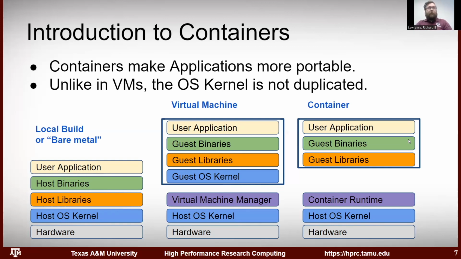A container is the minimum bundle of files that is needed to run that application, which excludes the operating system and excludes as many of the libraries that you believe will reasonably be present on the target machine to be running the container. And then in that case, you need a way for the host operating system to communicate with the container. And so then you have the container runtime, which will be installed on that machine.